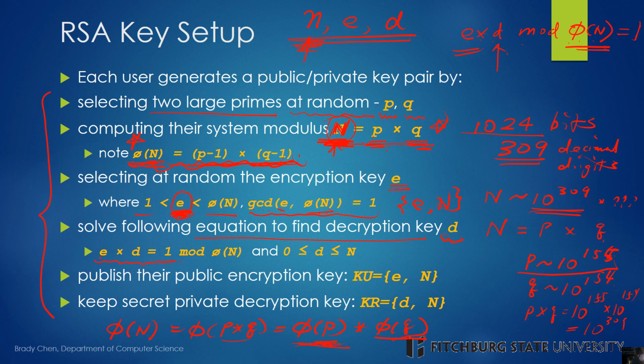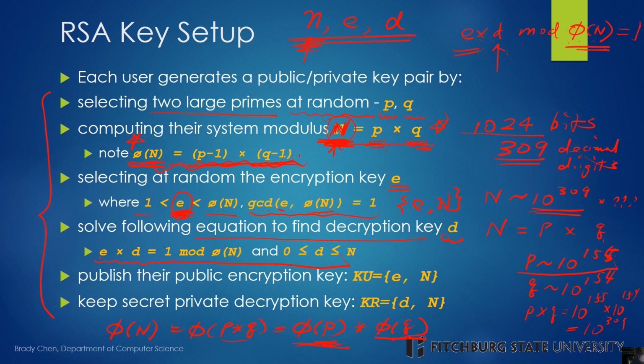This is relatively easy to do. Even though we haven't mentioned it yet, there's an algorithm to calculate d once we know E. That d is actually the inverse of E modulo phi of n, so E and d are multiplicative inverses of each other.